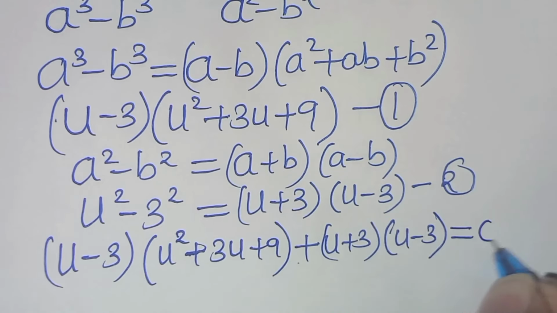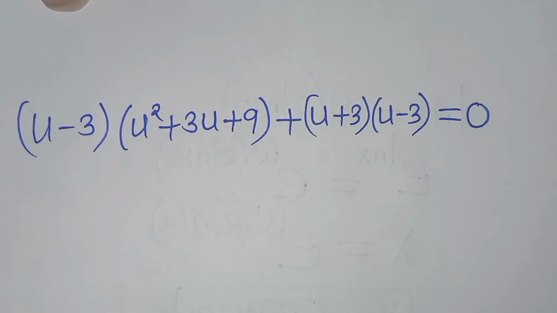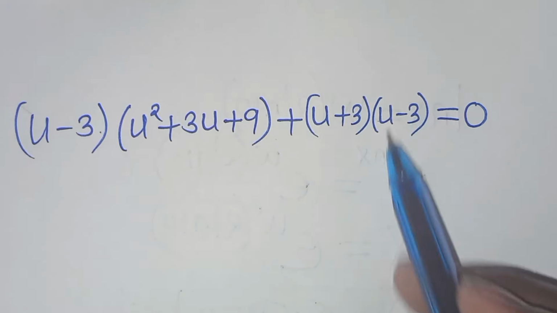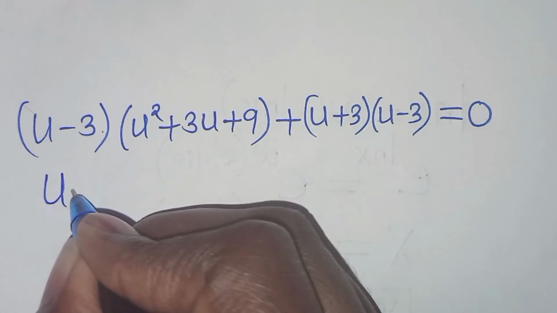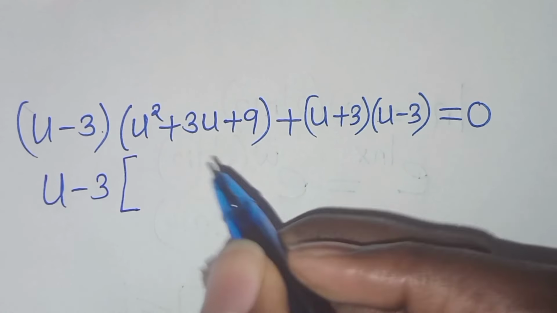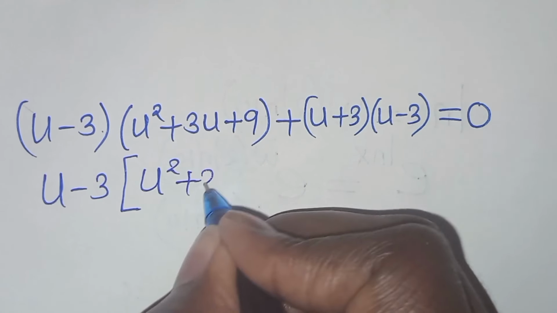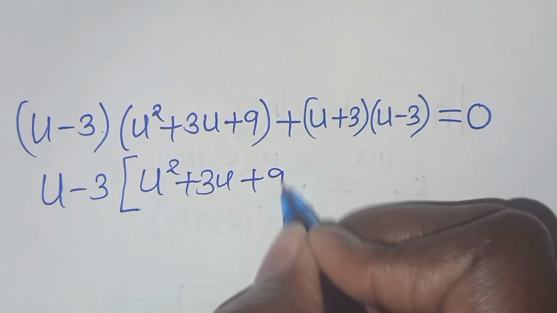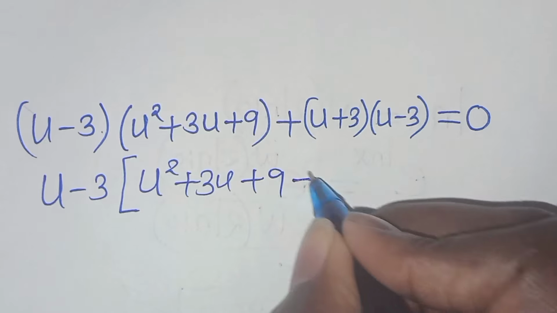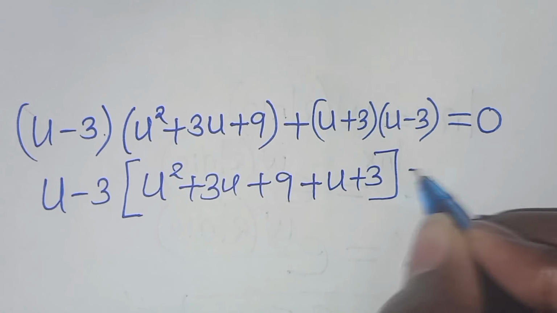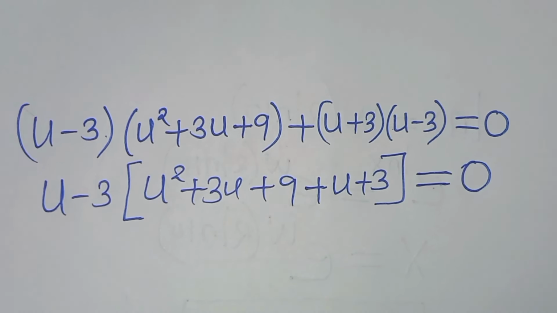This is equal to 0. Now u minus 3 is common, so we can factor out u minus 3, so that in the parentheses we have u squared plus 3u plus 9, then plus u plus 3, close the parentheses, which is equal to 0.